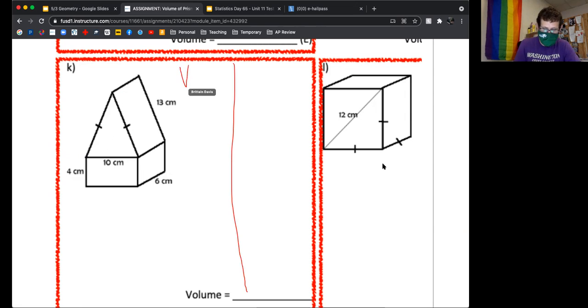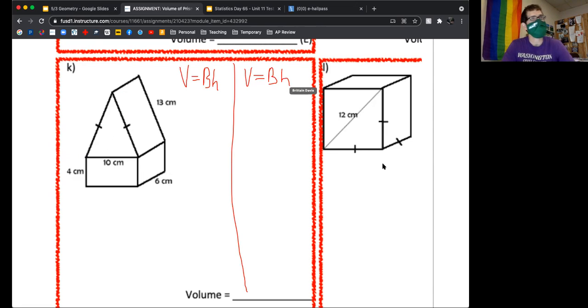I'm going to have the volume of one of my prisms. And because it's a prism, it's going to be the area of the base times the height. The other one is going to be another prism, which is the area of the base times the height. So what do we do? Which one do we want to start with, the top one or the bottom?